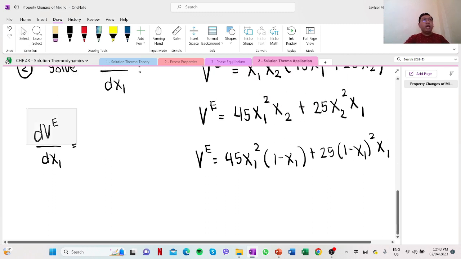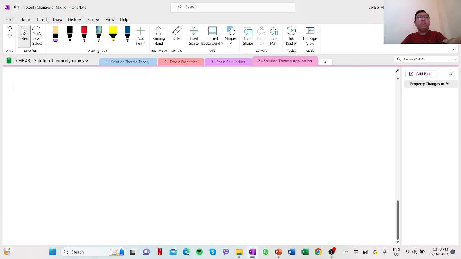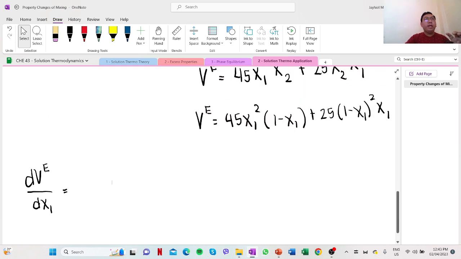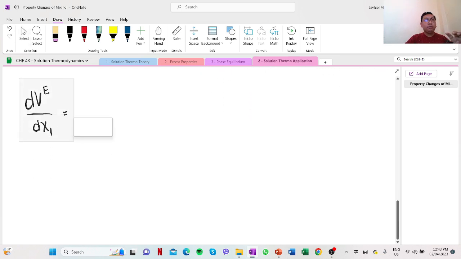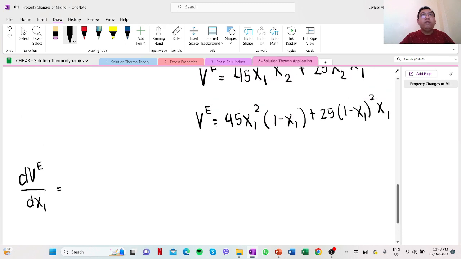At this point, I will get the derivative of the excess molar volume with respect to x1. For the calculus part here, this is a product rule.